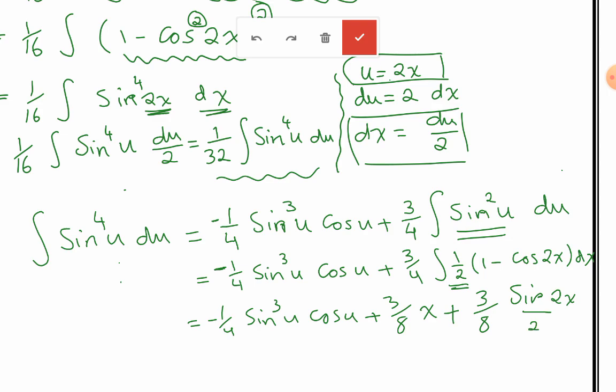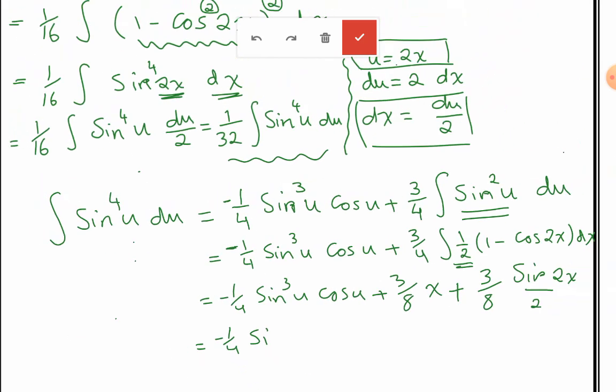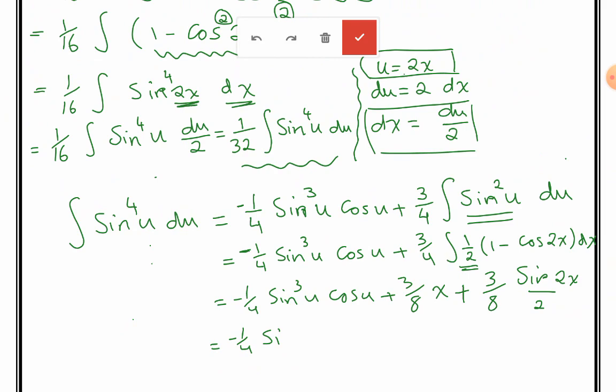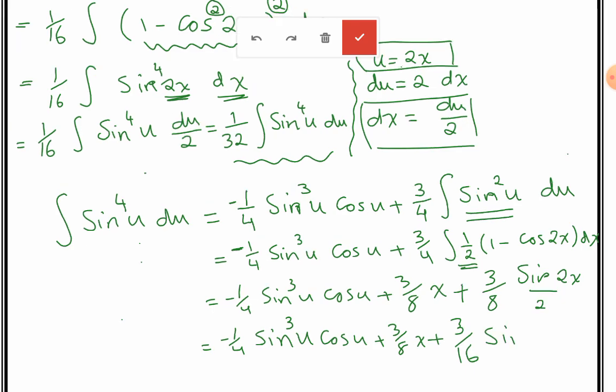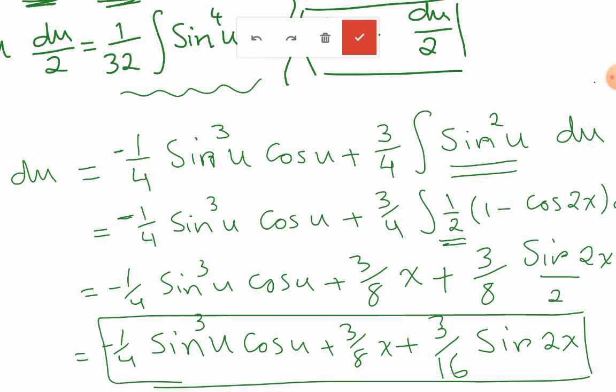The final step is negative 1 over 4 sine to the power of 3 u cosine u plus 3 over 8 u plus 3 over 16 sine 2u. This is the final answer.